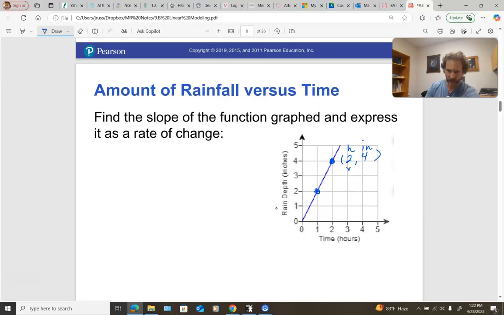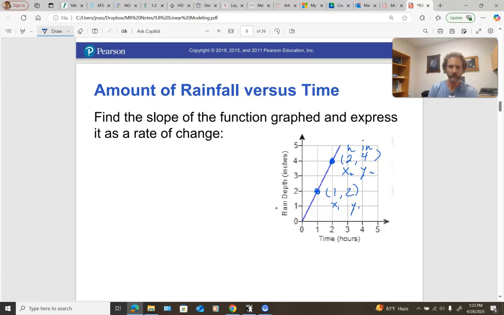So this is kind of like our x1, and this is like our y1. I like to do the leftmost point as my first point, and the rightmost is my second. So this would be like x2, y2. And then the coordinates of this point here, 1 hour corresponds to 2 inches of rain. So this is like my x1 and my y1.